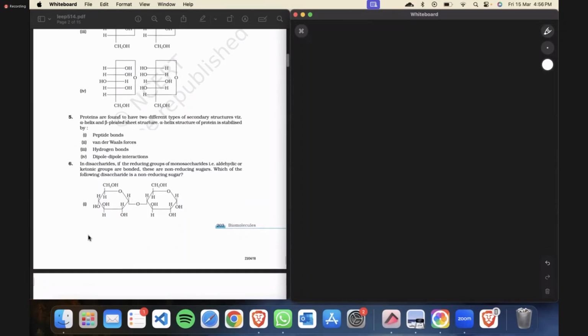Now moving on to question number five. Proteins are found to have two different types of secondary structure, namely alpha helix and beta pleated sheet structure. Alpha helix structure of protein is stabilized by what? So basically, it is a theoretical question. You just need to understand the theory behind it. There are four options given, and the alpha helix structure will be stabilized by hydrogen bonds.